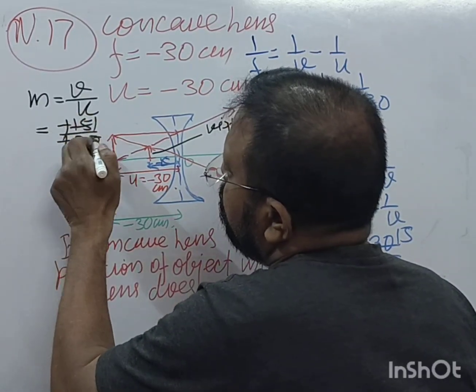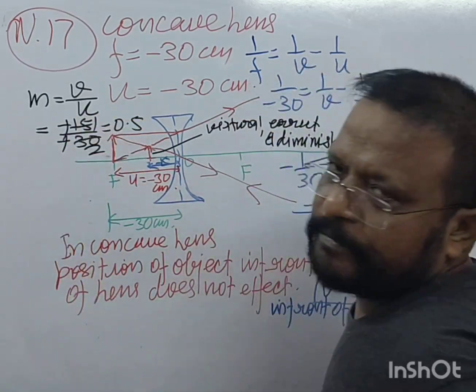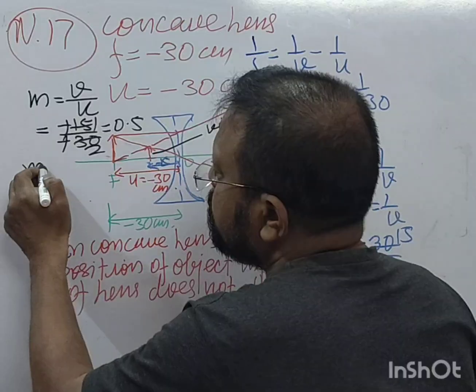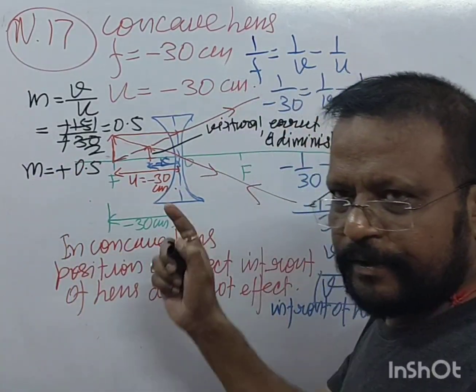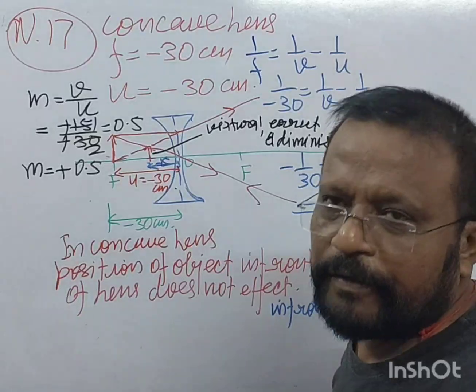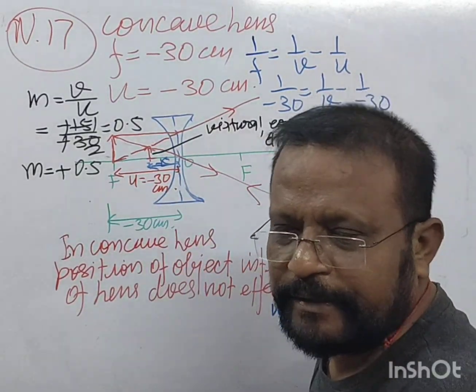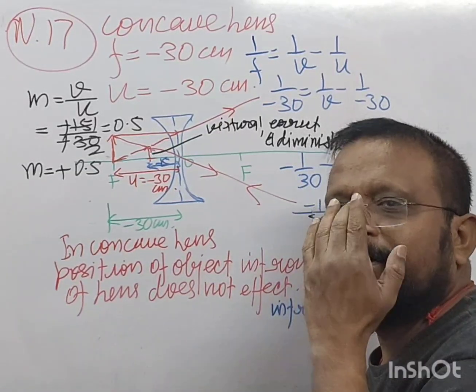Cancel out, 1 by 2. It becomes 0.5. So m is plus 0.5. It means it is an erect image. Plus means erect, minus means inverted.